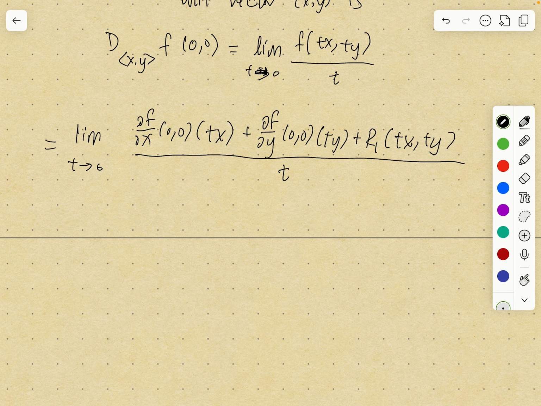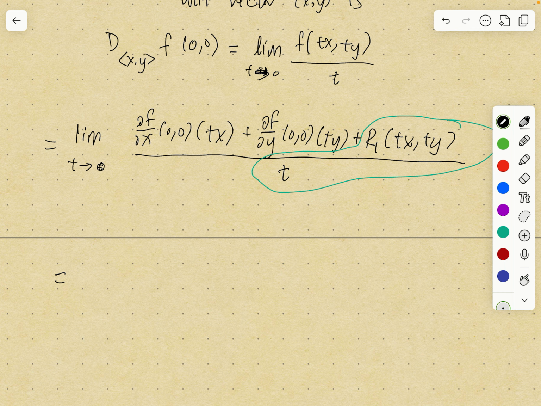And now I can split this up, because what happens is we know that the limit as t approaches 0 of this quotient is equal to, well, we'll see what that is in a second.